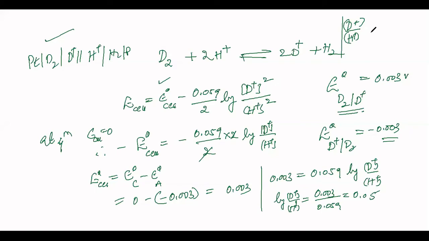If I take it, it is coming out as 1.12. So this is going to be 1.12. Do you have that option there? 1.12. This is the concentration. So hence your option has to be option 3.